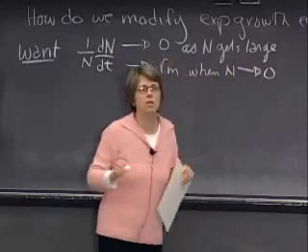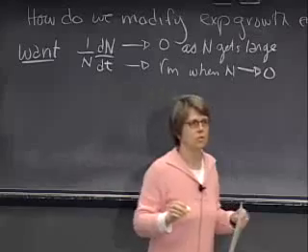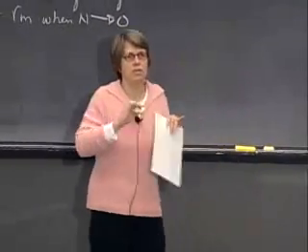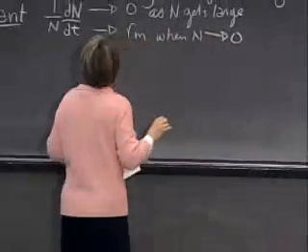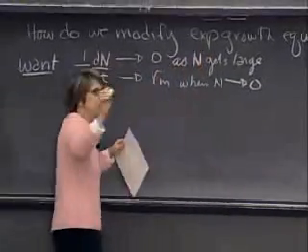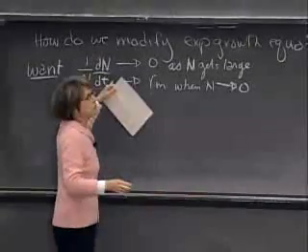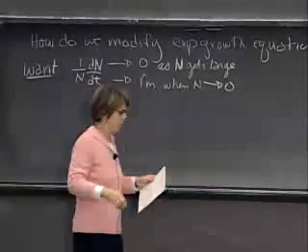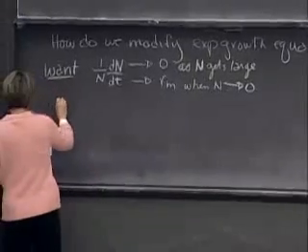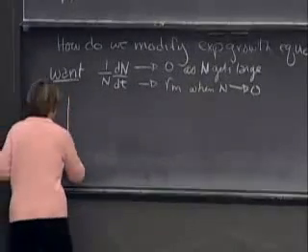In other words, at really, really low population densities, you can effectively have exponential growth because nothing's limiting yet. But when the density gets very, very large, you want this growth rate to go to 0.